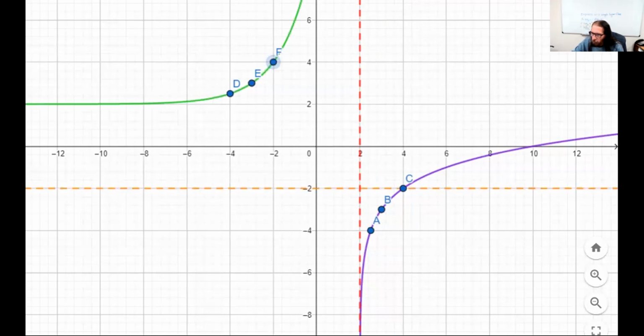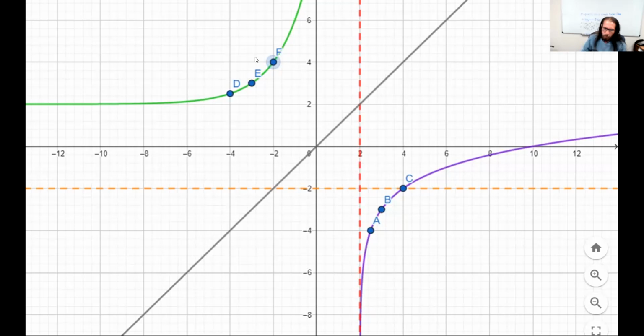That one's got a horizontal asymptote at y equals -2, y equals -2. And we can see that the one we were going for in purple is a reflection of this transformed exponential function in green.